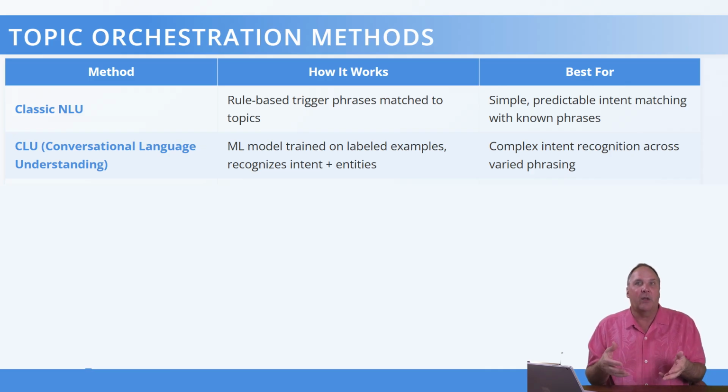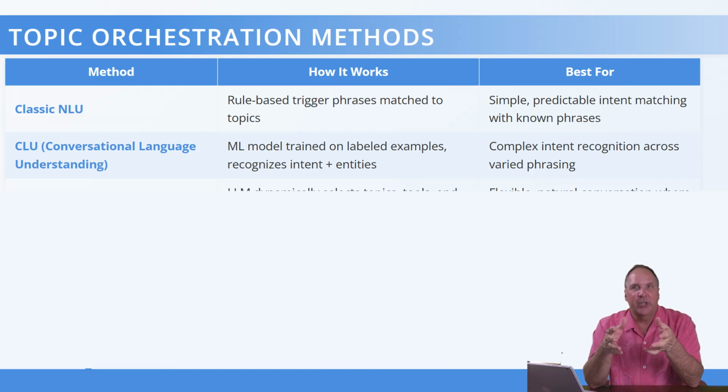So if you've trained it on what's my balance and how much money do I have, it might also correctly handle, can you tell me what I have in checking? Even though it hasn't seen that exact phrase before. CLU also extracts entities, things like account names, amounts, dates from the user's message. It's more flexible than Classic NLU, but requires training data and ongoing tuning and monitoring.